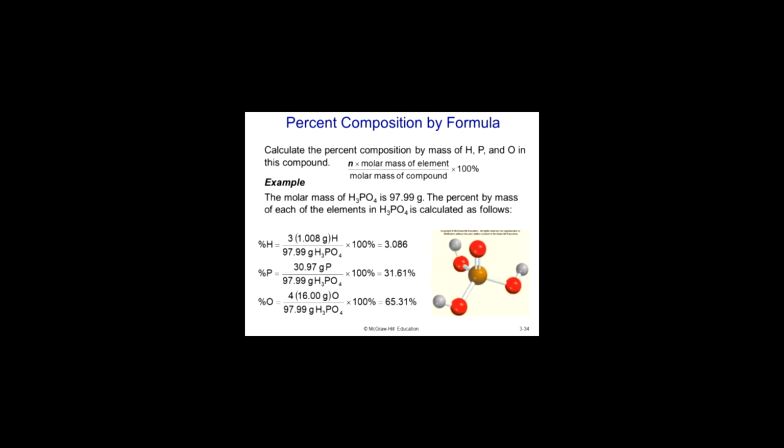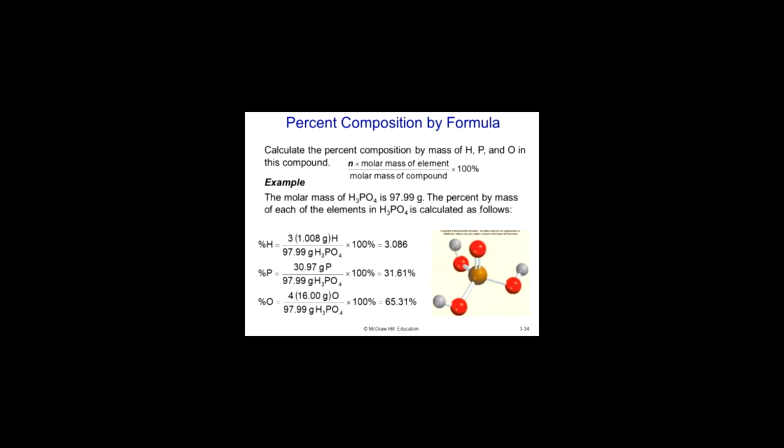In here, we have phosphoric acid, and we want to calculate the composition of hydrogen, phosphorus, and oxygen. We would do the same thing as we did in the previous example. We would take 3 times the number of hydrogens divided by the molar mass of the acid, 1 phosphorus at 30.97 grams divided by the molar mass, and oxygen, 4 oxygens times 16 divided by the molar mass, which gives us 65.31 in this case.